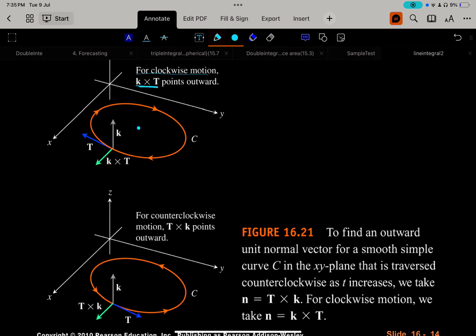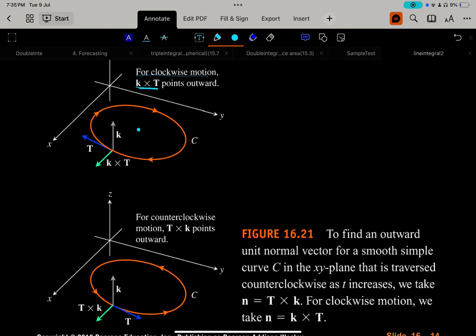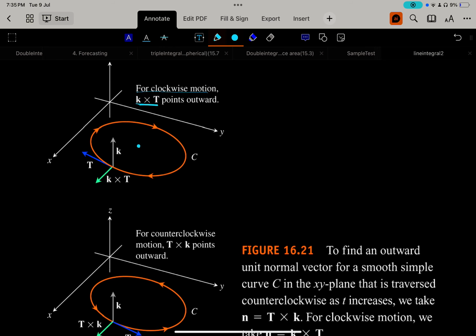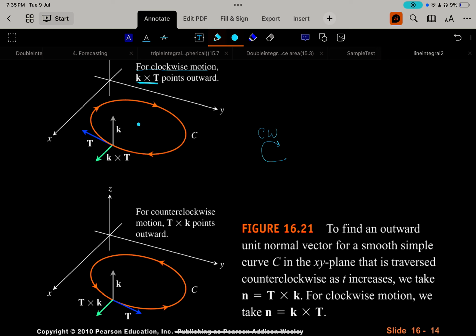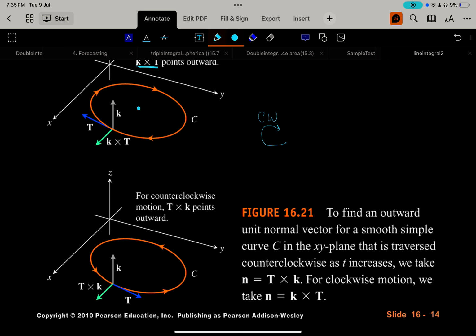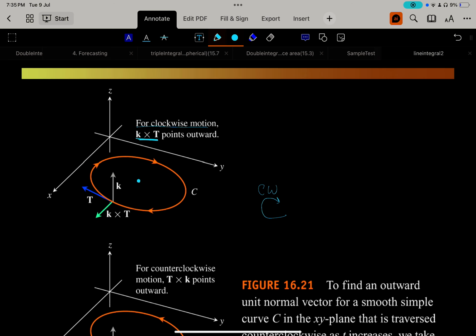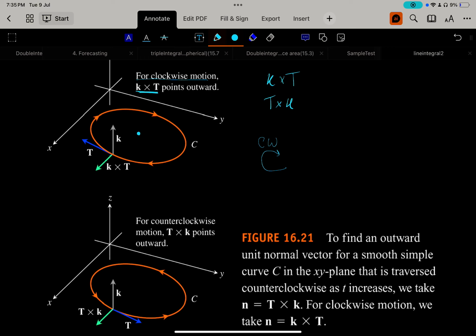And so, as you can see here, that's for clockwise motion. See, this is clockwise. It points outward, and that's the product k cross T. Now if we do T cross k, it's going to point inward.